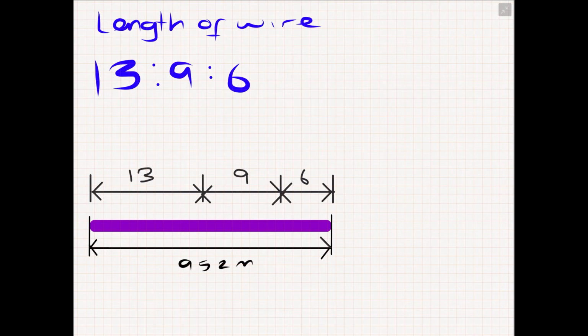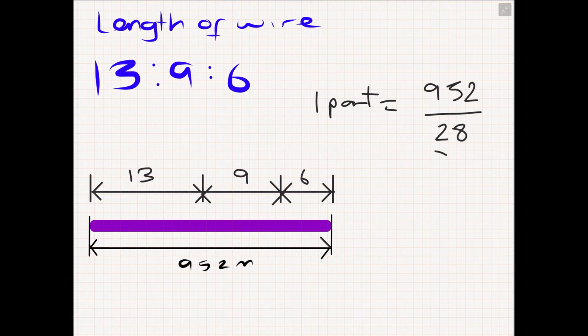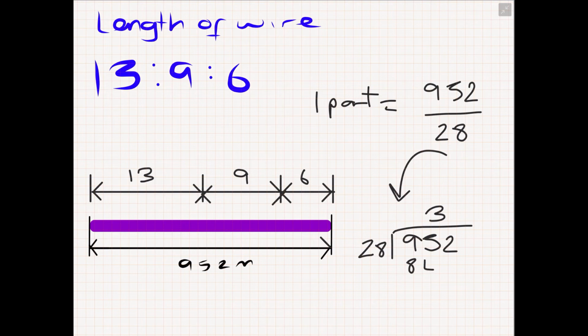So therefore we can work out what the actual length is going to be of an individual part. The length of one part will equal 952 divided by 28. So 28 into 95 is going to go 3 times. So 3 times 28 is going to be 84.